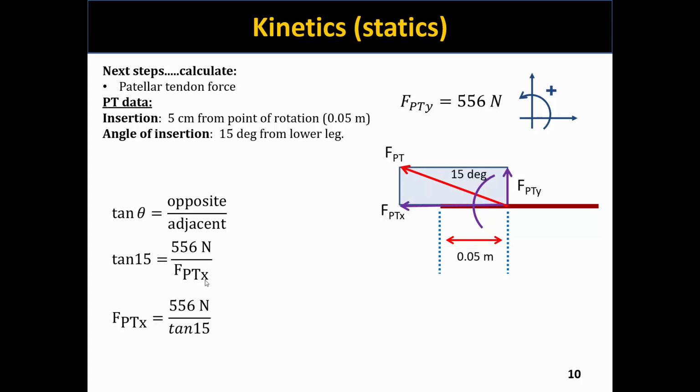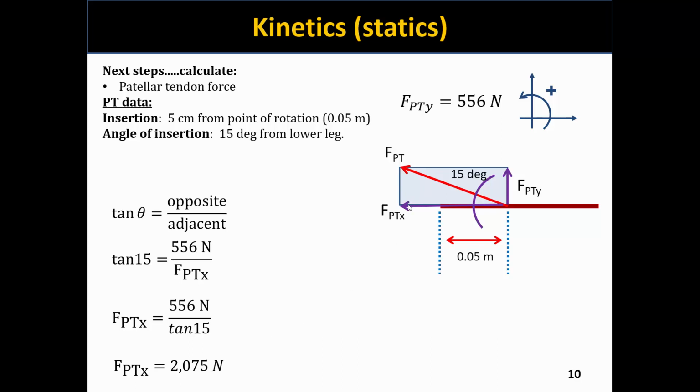We then transpose, move some things around, and we keep the 556 newtons and divide it by the tangent of 15. In solving for this, we find that the x component is 2075 newtons.